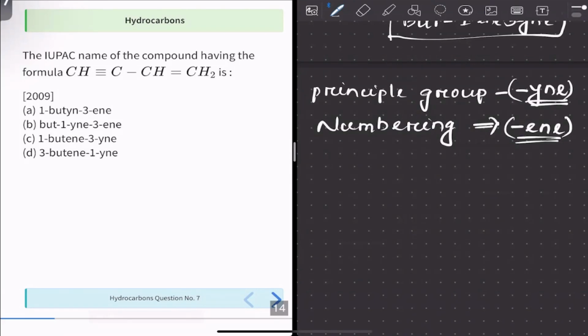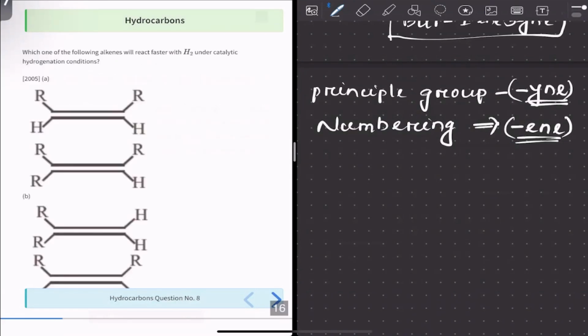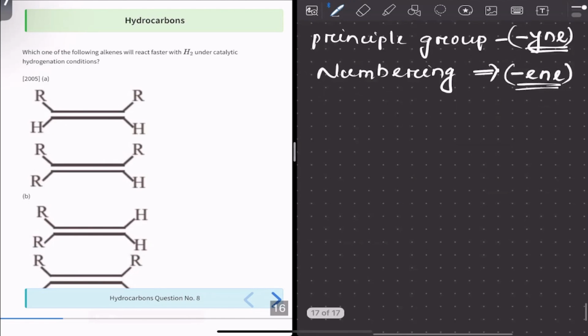So let's move on to the next question. Question number 8. Which one of the following alkenes will react faster with hydrogen under catalytic hydrogenation condition? First of all, you have to know what catalytic hydrogenation is.